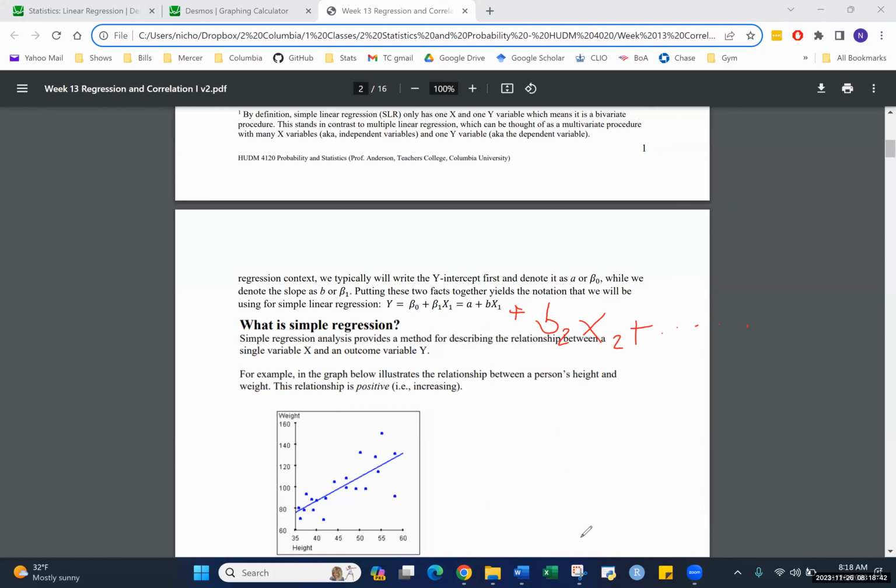Maybe next week, we'll see. I haven't fully made up my mind on what that lesson will look like. But that's why we write the intercept first, because it allows us to continuously add new variables and slope estimates for those new variables. But this week, we're in a bivariate case. That is, there's only one x, one y, and no need to write other variables now.